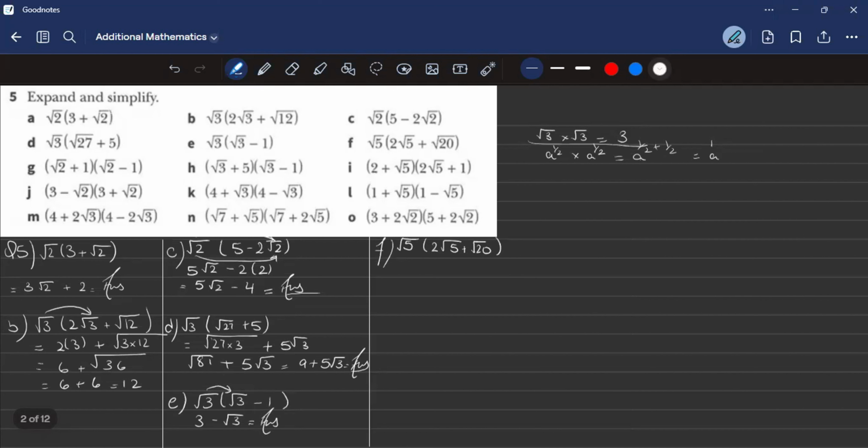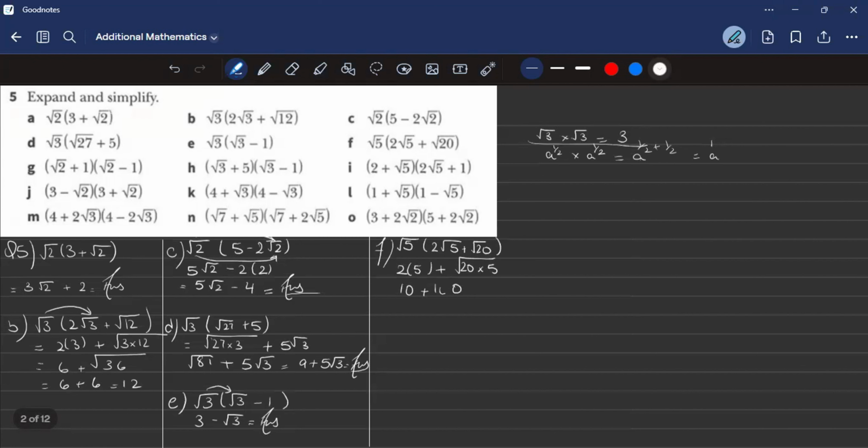Okay. So for part F, we have again 2√5 multiplied by √5. So it's going to be equal to 5, because √5 multiplied by √5 is equal to what? 5. Thank you. So plus √20 multiplied by √5. That is equal to 10 plus what's 20 multiplied by 5?